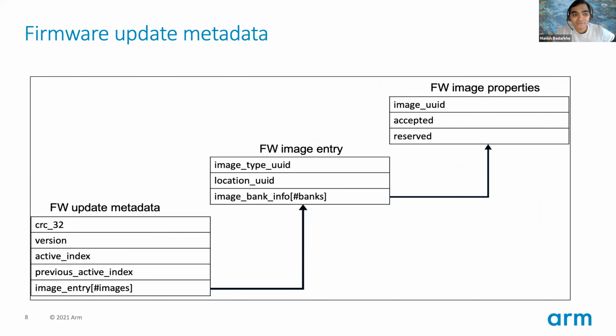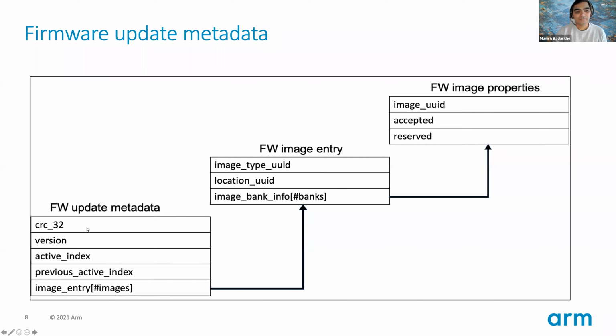So this is what the firmware metadata looks like. We have different fields in the firmware metadata. CRC32 is the field used by the update agent, which calculates the CRC of this whole firmware metadata and updates this field.